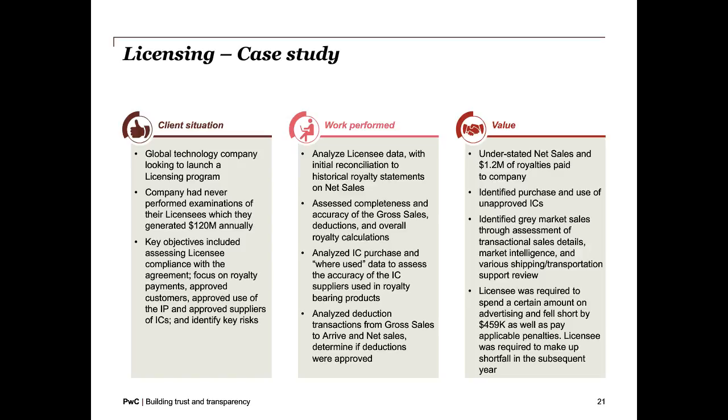So the ICs were effectively the component that had the embedded technology or IP in it, and were very important in terms of the ability for our client to monitor those ICs being sold and get a comfort level around what I should expect to be reported from a royalty perspective for those licensees that are buying the ICs and utilizing that IP.